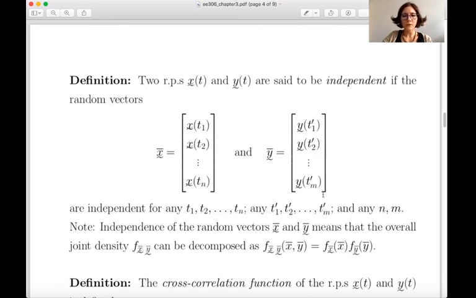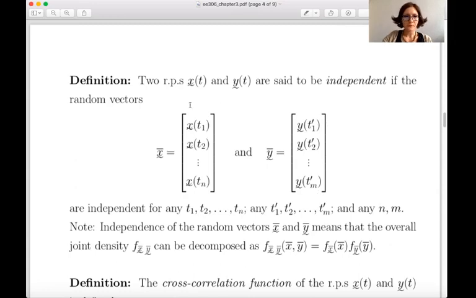If you just put these into two random vectors, you'll have one random vector x and one random vector y. So when do we call two random processes independent? This first random vector x and the second random vector y should be independent random vectors, no matter where you choose the time instances t1 up to tn and also t1 prime up to tn prime.